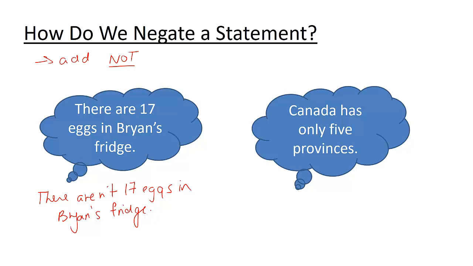For the statement, Canada has only 5 provinces, we could change the truth value of this statement, or negate it, by changing it to, Canada doesn't have only 5 provinces. Of course, this isn't the only way to do this, it just happens to be the easiest.